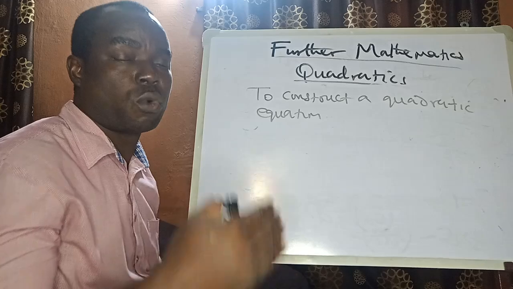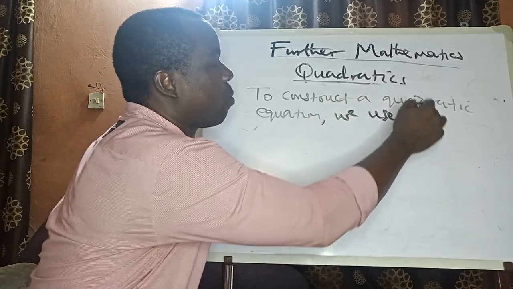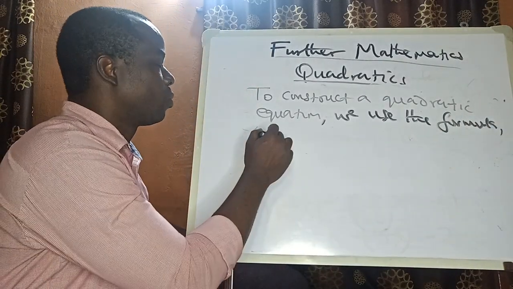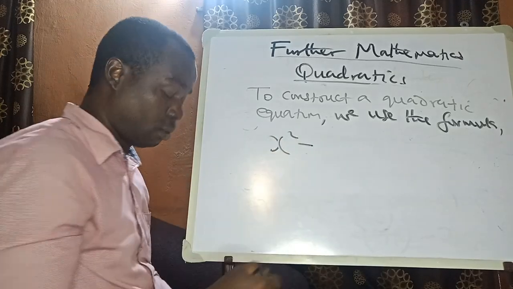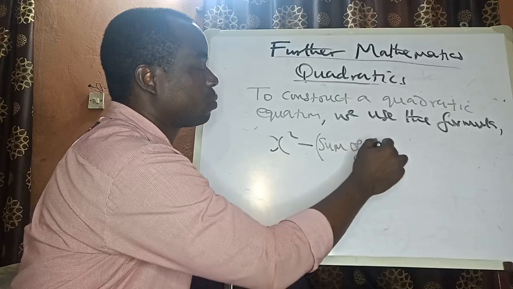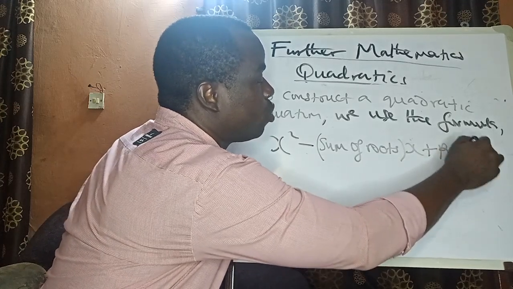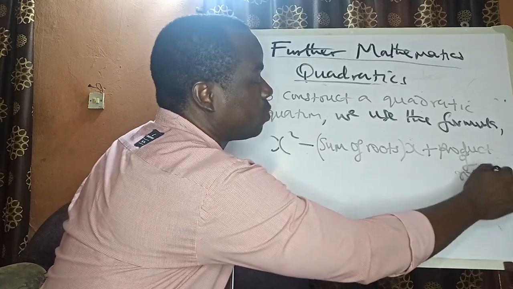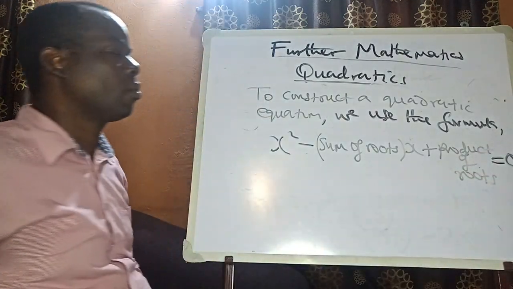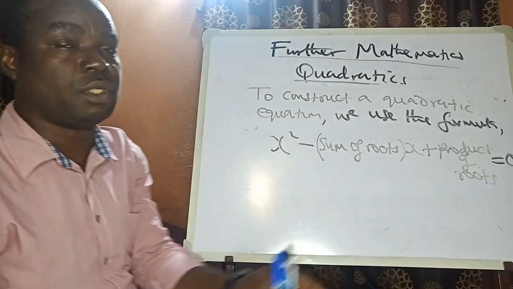Anytime you are asked to construct a quadratic equation, we use the formula x squared minus sum of roots x plus product of roots is equal to 0. So copy this formula and keep it.